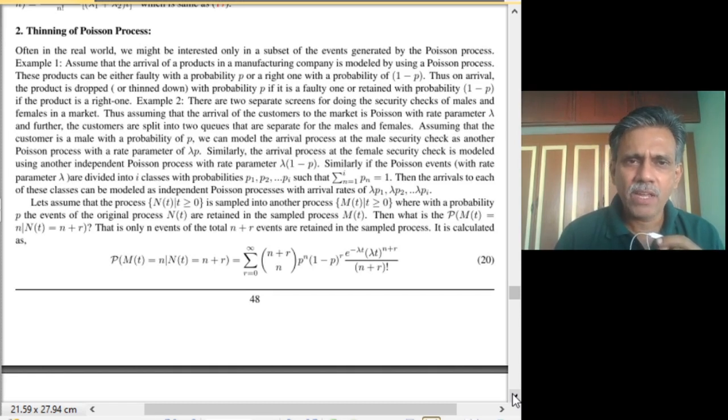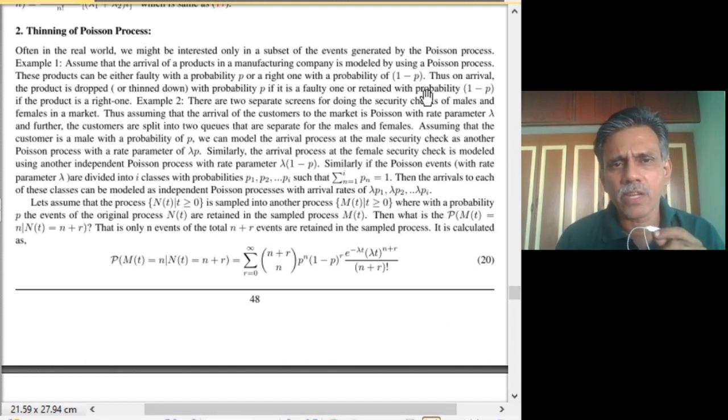So every event that has occurred in the Poisson stream is forked into two streams. It goes to one stream with probability p, another stream with probability 1 minus p, and the next event is again forked in the same manner, but the p remains the same and it is independent of the previous event where it goes.